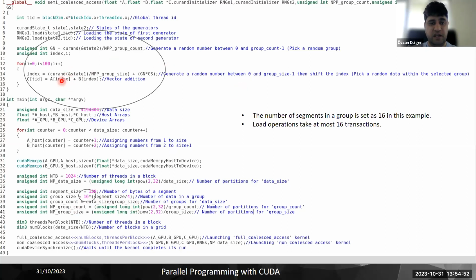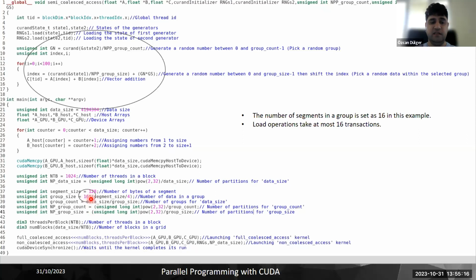So in here, when reading A and B, the load operations take at most 16 transactions. If you set this one as 1, that means all the groups consist of a single segment. So this is equal to the non-coalesced access kernel.